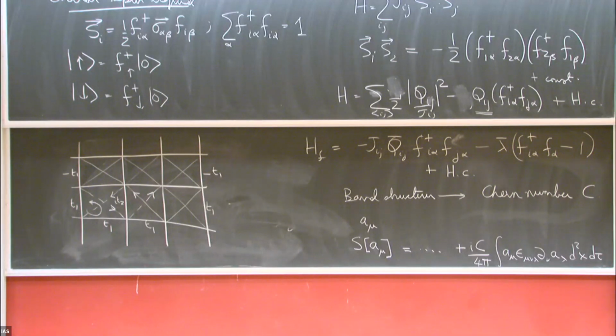As you said, TKNN interpreted their calculation in terms of the... But who or when interpreted it in terms of a Chern-Simons coupling of the electromagnetic field? Why is it a Chern-Simons term for the electromagnetic field, that interpretation of the Hall conductivity and the integer quantum Hall effect? Who did that?